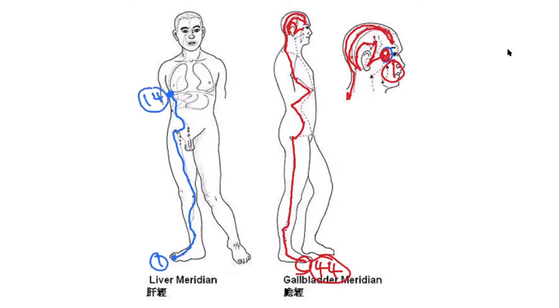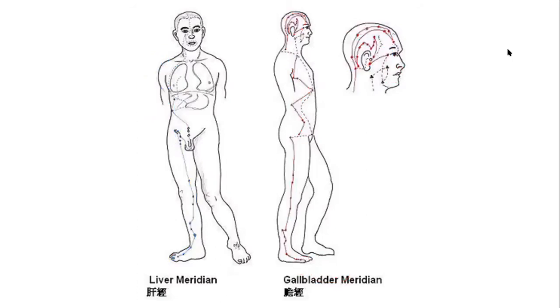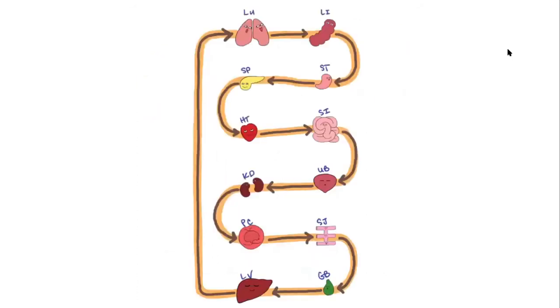So then what happens? When the liver meridian ends at 14, it goes back to lung 1, which is right here. And it just goes around and around. So basically it looks like this.